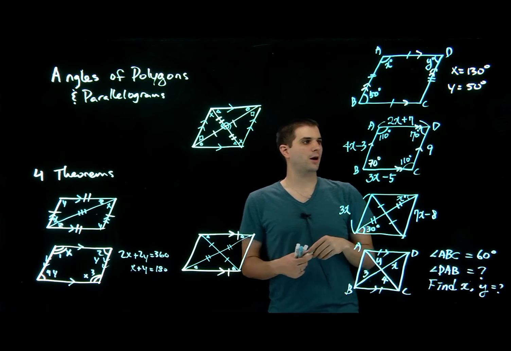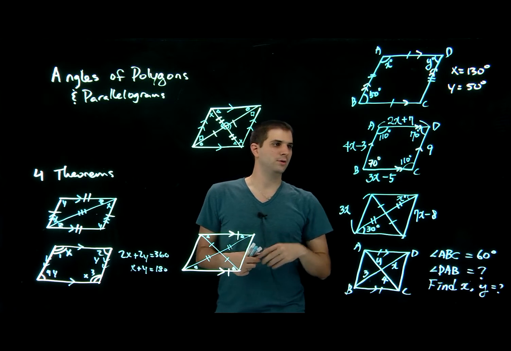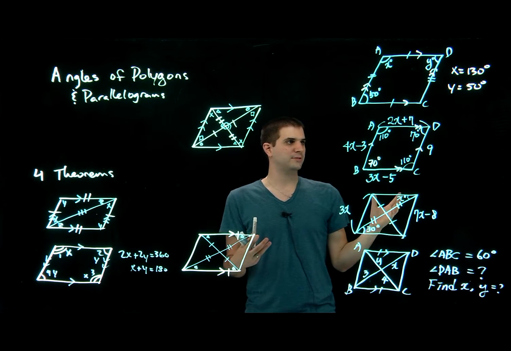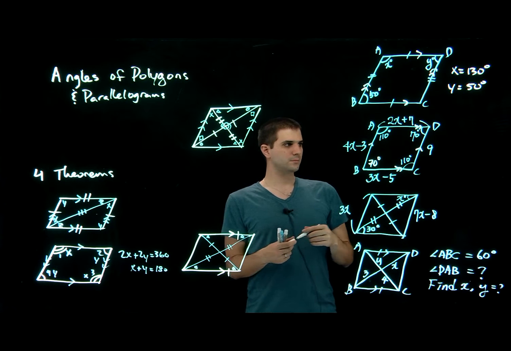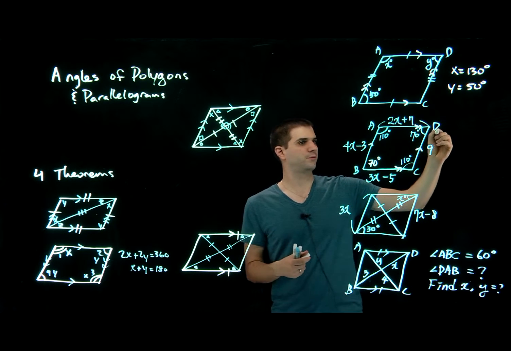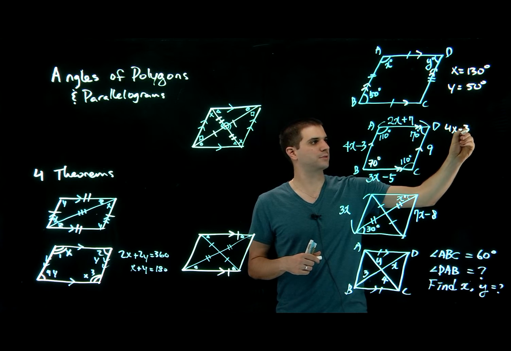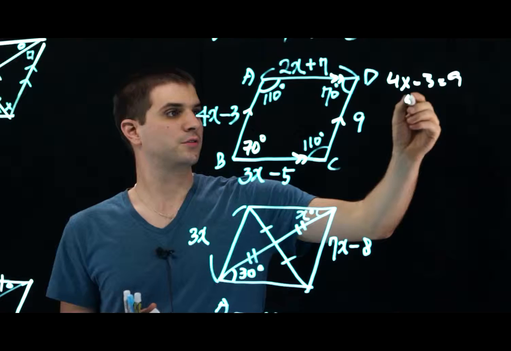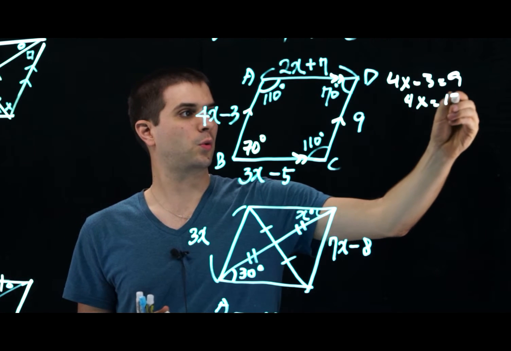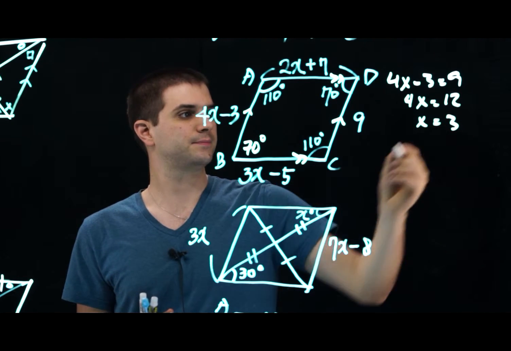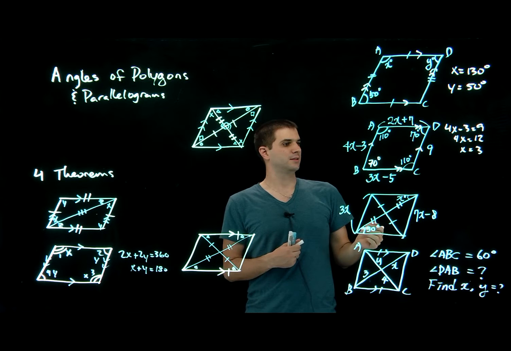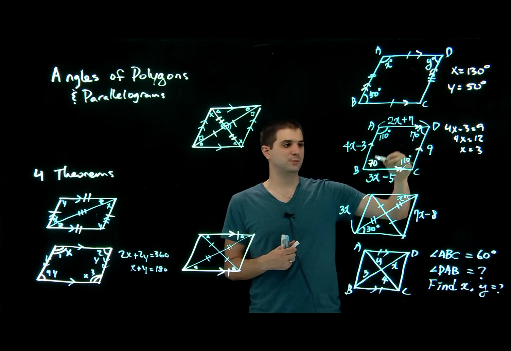Okay. So what do we know then? Well, we know that parallelograms have congruent opposite sides. So 4x minus 3 equals 9. So 4x equals 12. X equals 3. Similarly, we know that these two opposite sides should be congruent.